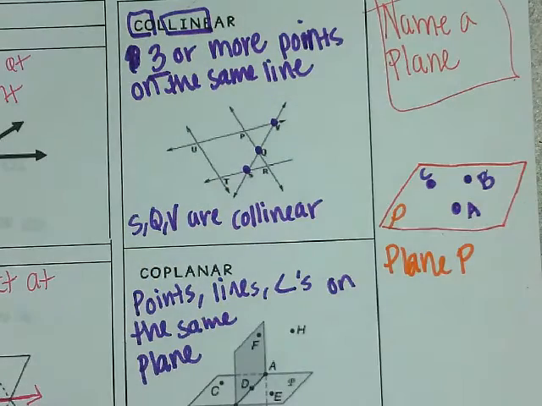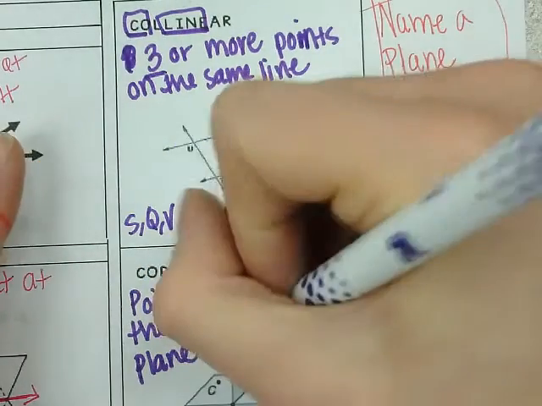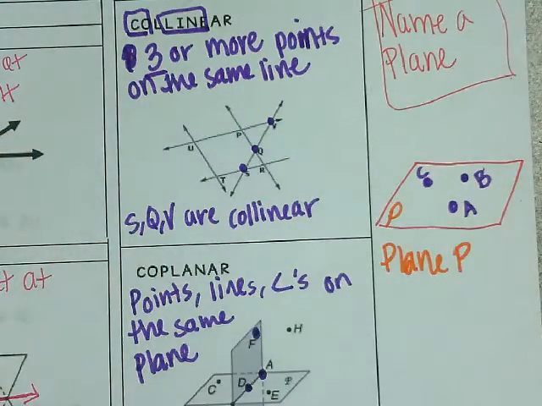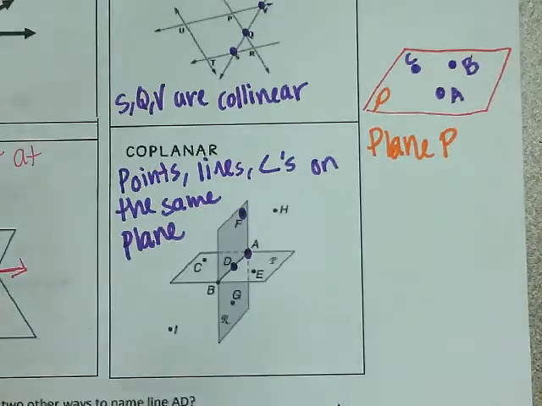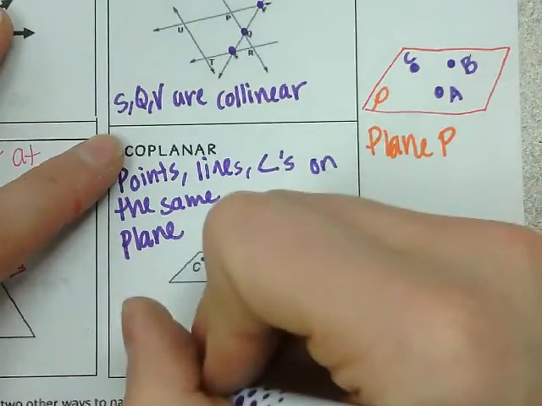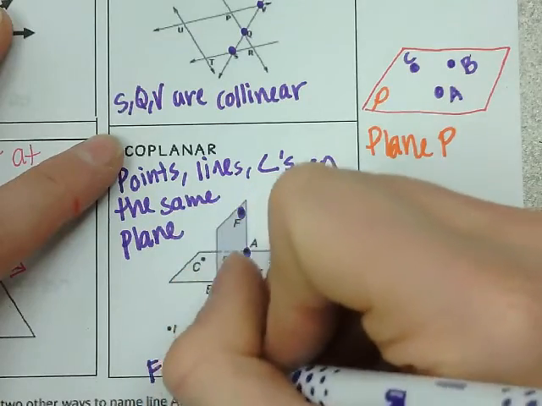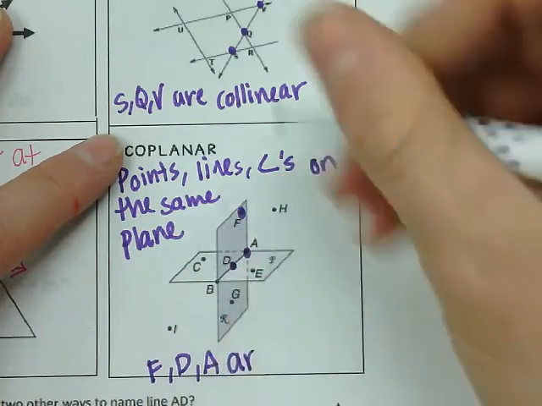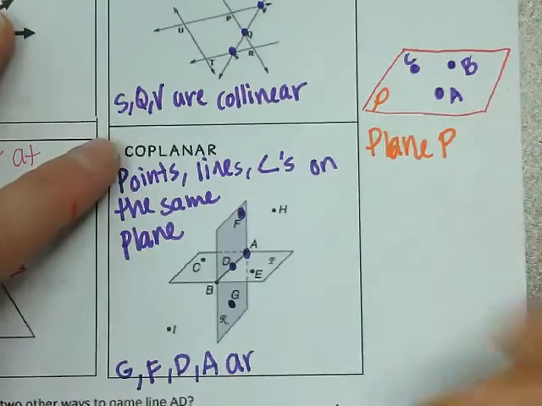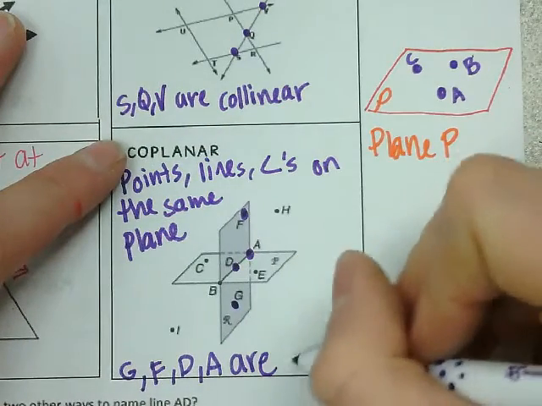So any of those. If I look here, F, D, and A are coplanar. There are many more examples, but F, D, and A are, and we'll say G as well, are coplanar.